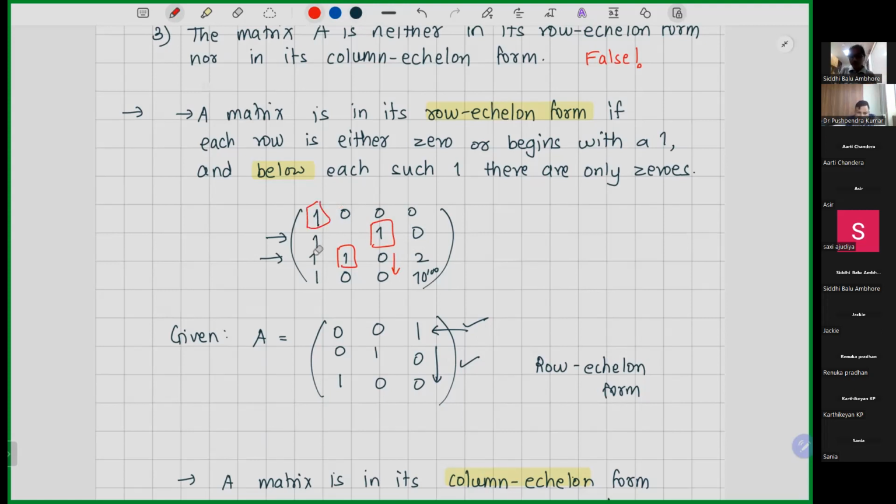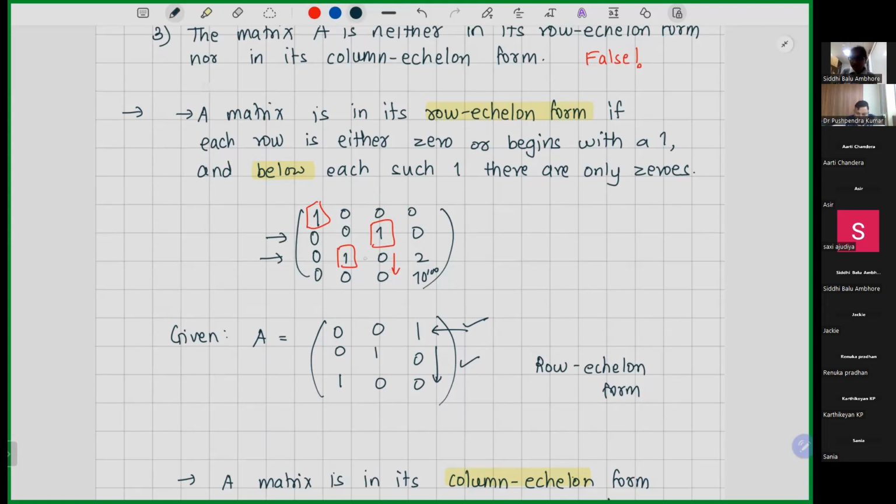Sorry, this has to be non-zero. Just a second. So once I have this one, everything below that one must be 0. Okay. And that's it. First must be 1 and everything below that must be 0 and nothing else. I don't care about the rest.